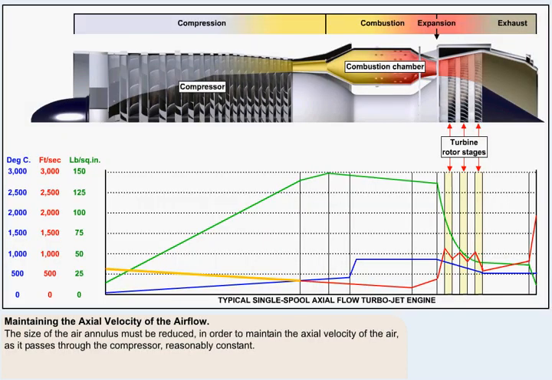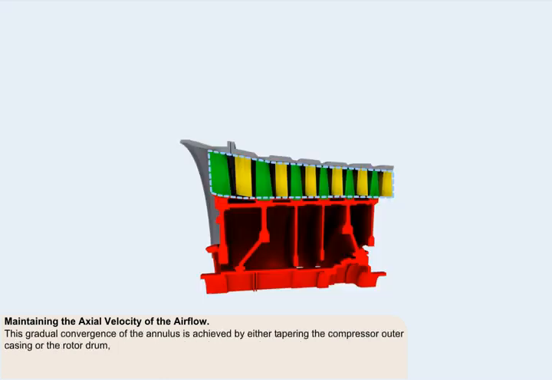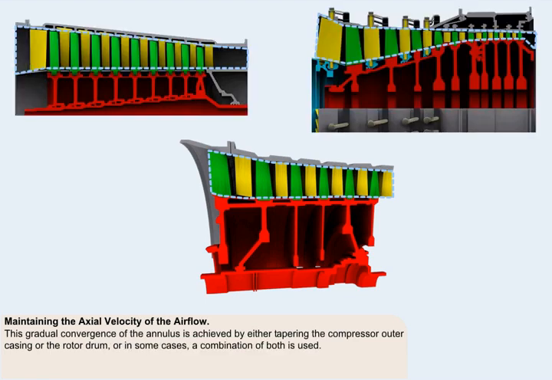To maintain the axial velocity of the air reasonably constant as it passes through the compressor, as it's being compressed into a smaller and smaller volume and its density is being increased, the size of the air annulus must be reduced. This gradual convergence of the annulus is achieved by either tapering the compressor outer casing or the rotor drum, or, in some cases, a combination of both is used.